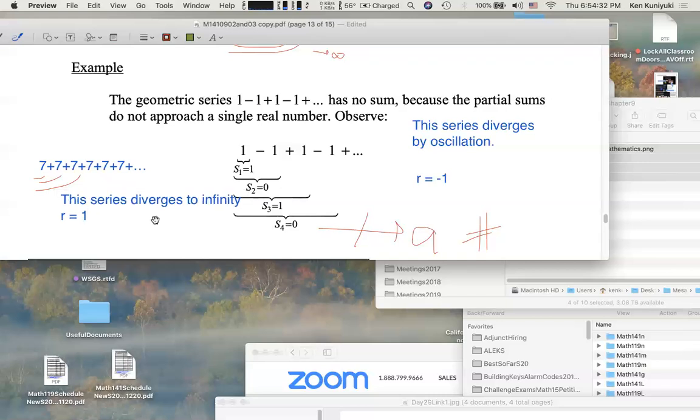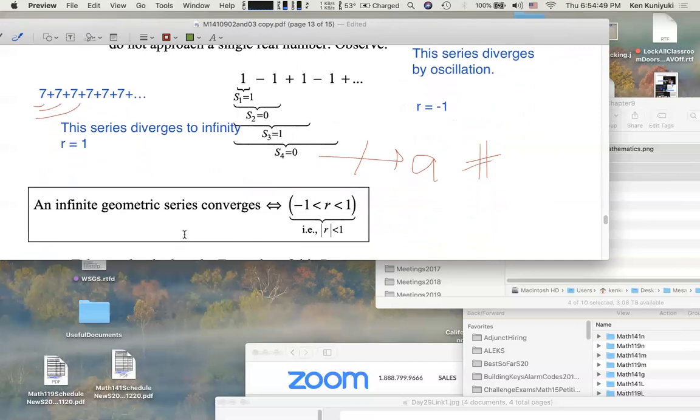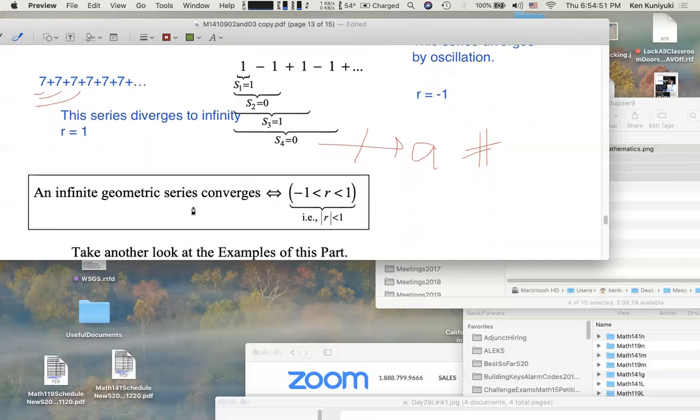All right. So notice that for r equals 1 and r equals -1, we diverge, right? But it's kind of a close call in these cases. If you're closer than 1 to 0, like 1/2 or -1/2, you converge. If you're more than 1 away from 0, you diverge. Bottom line, a geometric series converges if and only if r is strictly between -1 and 1.